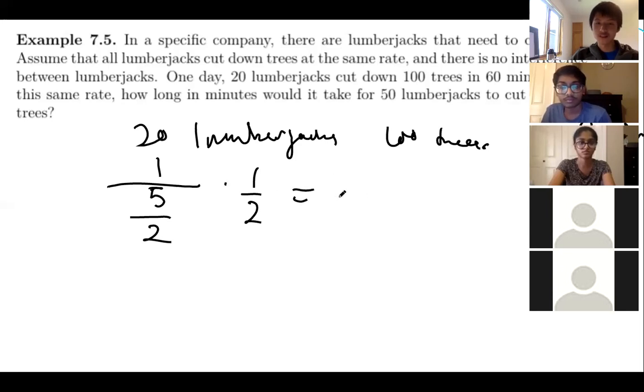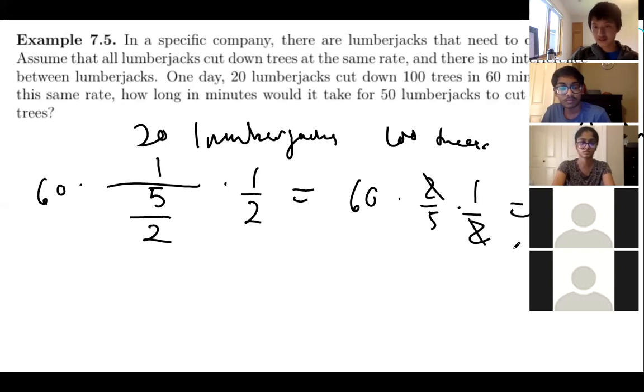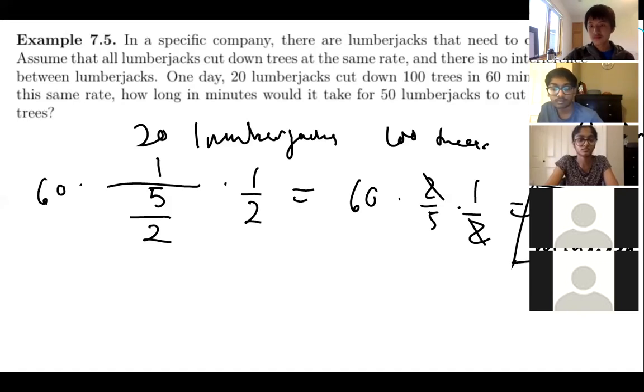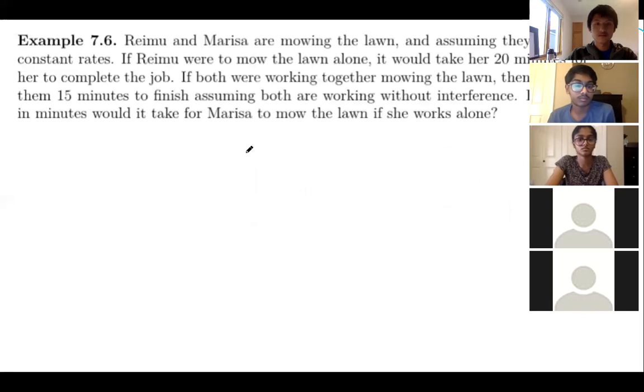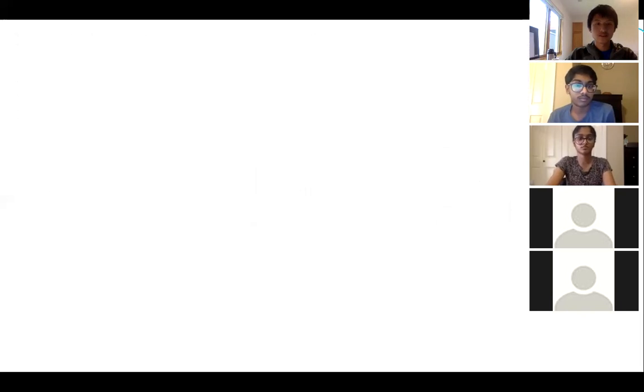So that would be, I forgot the 60. 60 times 2/5 times 1/2 equals 60/5, which is 12 minutes. So there's not a checkpoint for this.